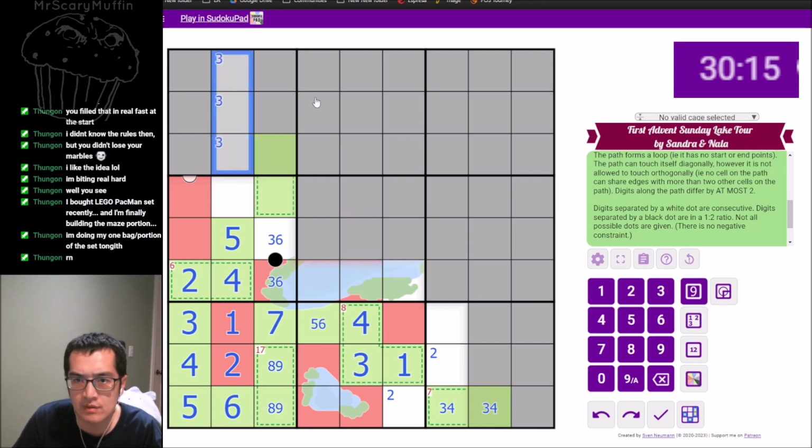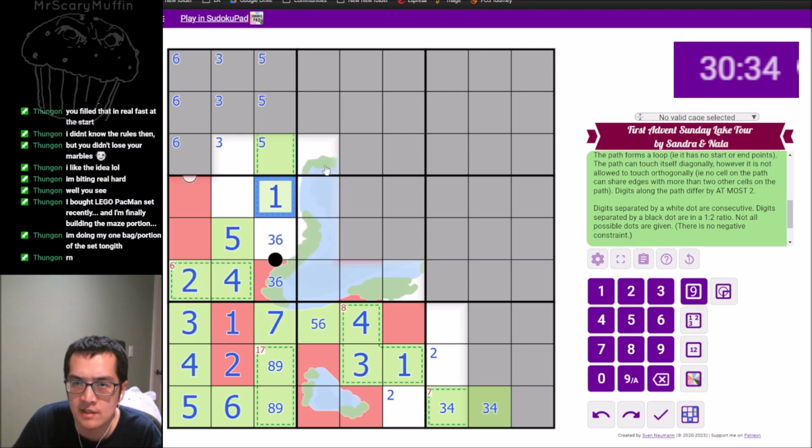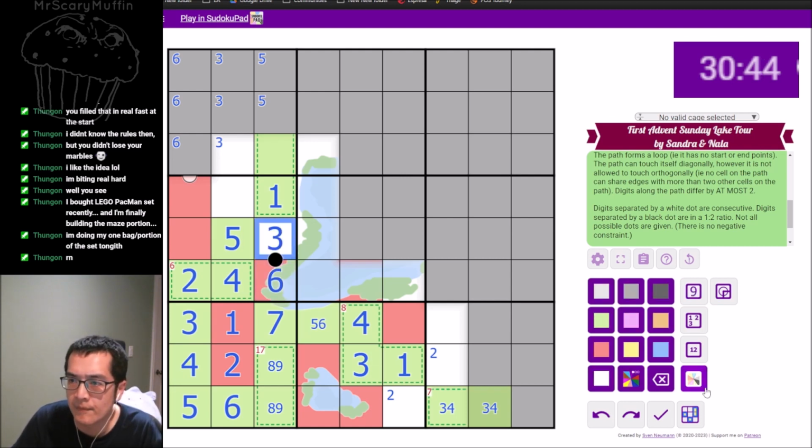Three is somewhere here. 6 is somewhere here. 5s are somewhere here. I think we had eliminated all possible numbers except for 1 here, right? 2, 3, 4, 5, 6, 7, 8, 9. So that is 1. That's a naked single, as they call it. Then this 5 has to go to a 3 to get to the 1. So this is the only place a 3 can go.